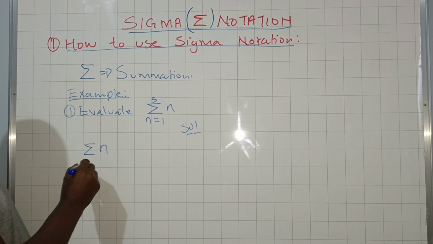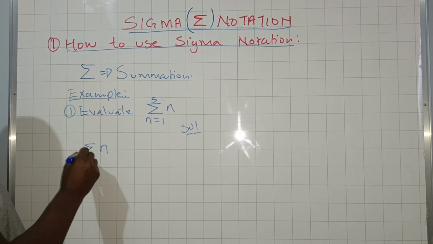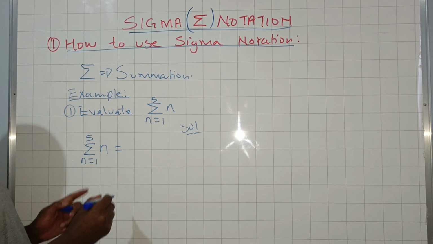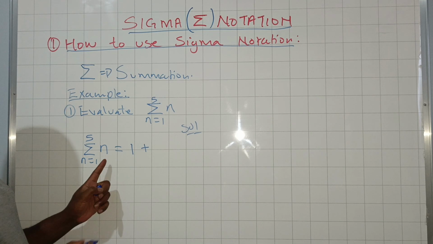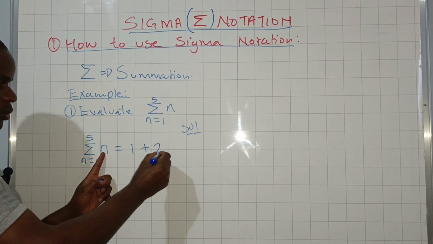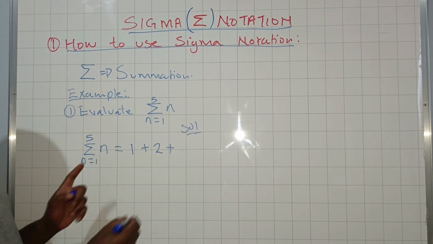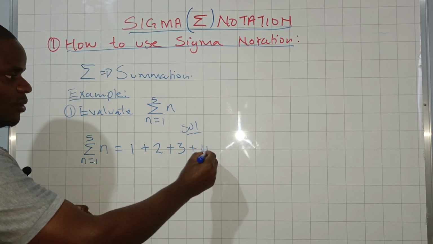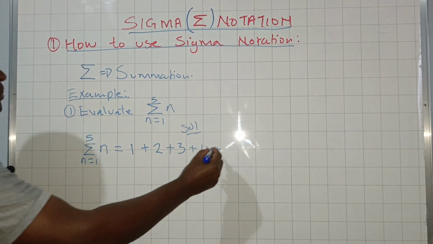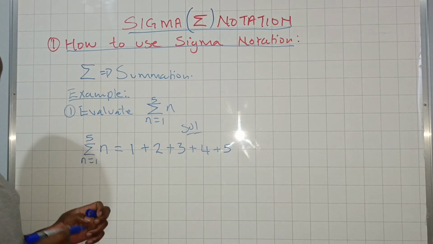Sigma of n from n equals 1 to 5 is going to be, when n is equal to 1, you just have 1 there, plus when n is equal to 2, plus when n is equal to 3, plus when n is equal to 4, then lastly, plus when n is equal to 5.